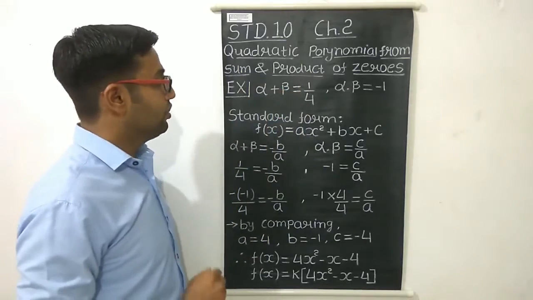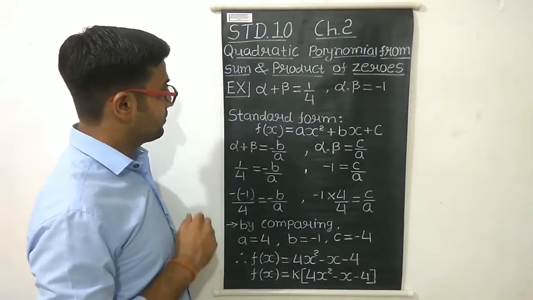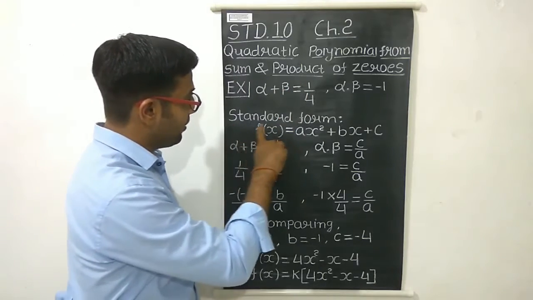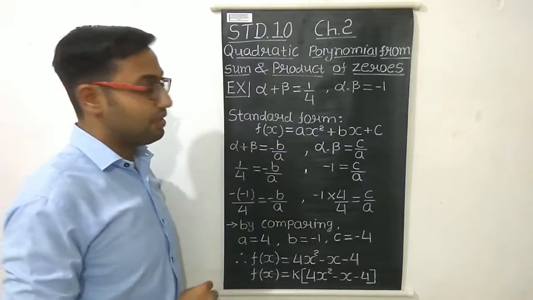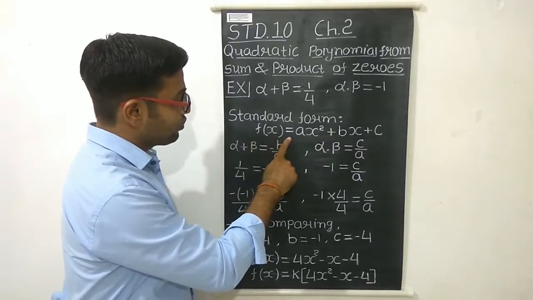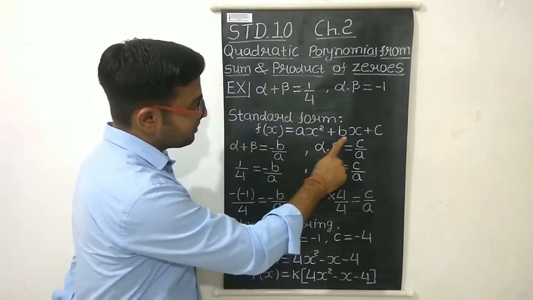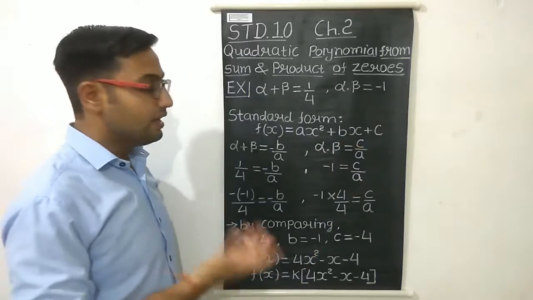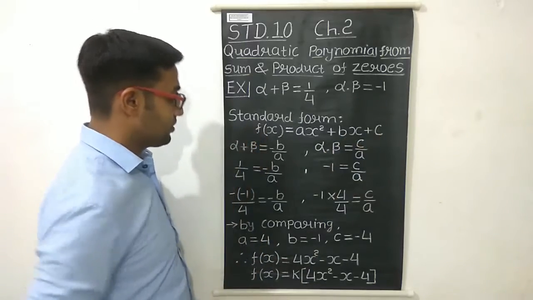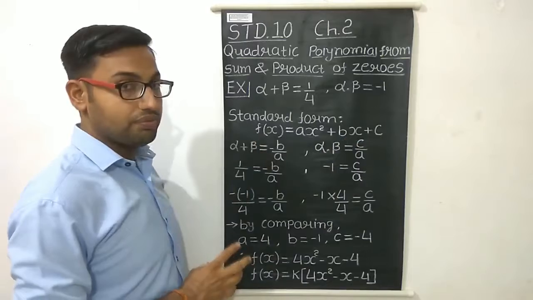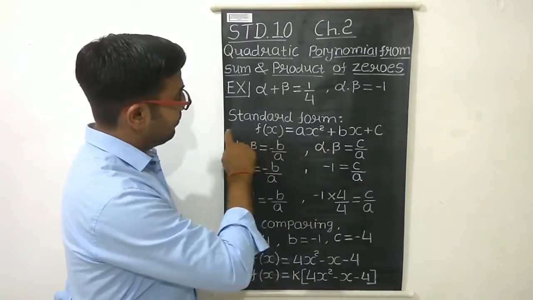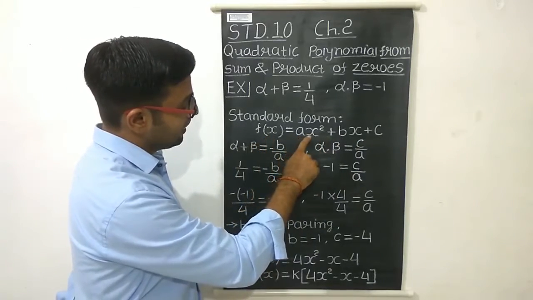Right? So to do that, first of all, we know that the standard form of the quadratic polynomial is f of x is equals to ax square plus bx plus c. Here we can also take p of x, right? Because it is the polynomial with the variable x.